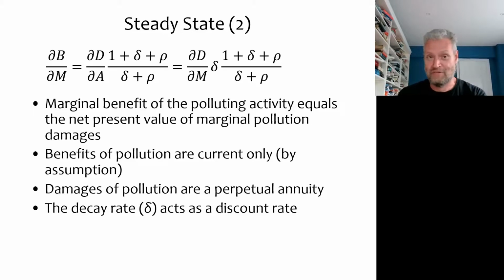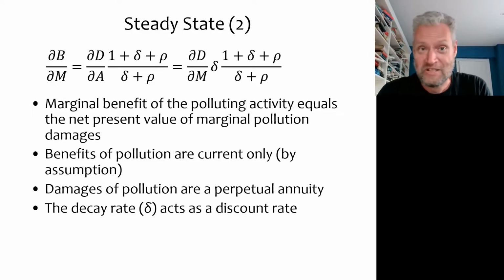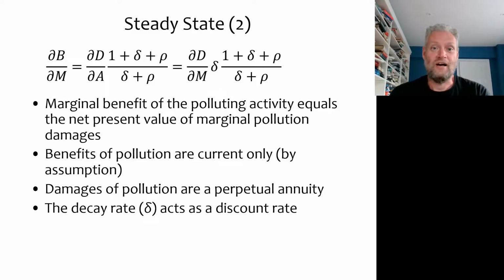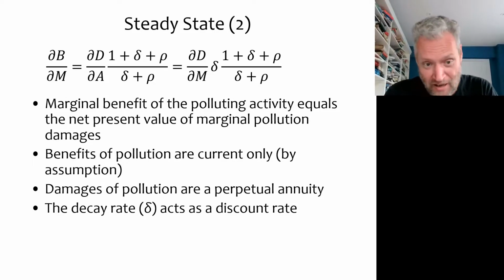It accumulates in the environment, in the atmosphere, in the water, or in the soil. The principles are exactly the same. It's an equimarginal rule, right? Marginal cost equals marginal benefits, but marginal costs are now the present value of a flow of costs into the future. And essentially, because we put everything into steady state, you can see this as a perpetual annuity.